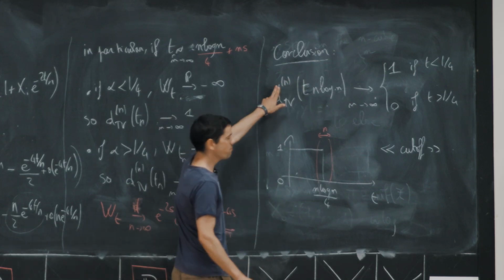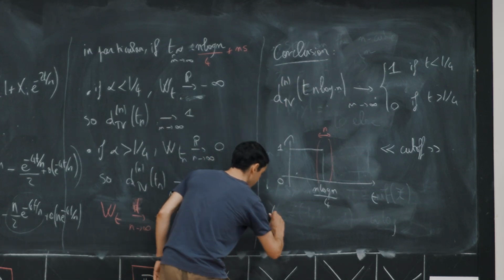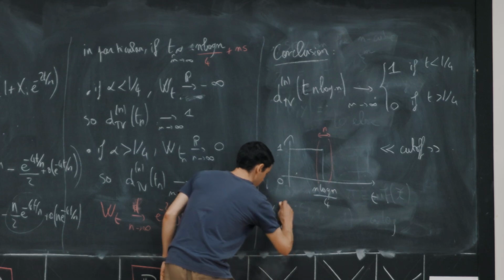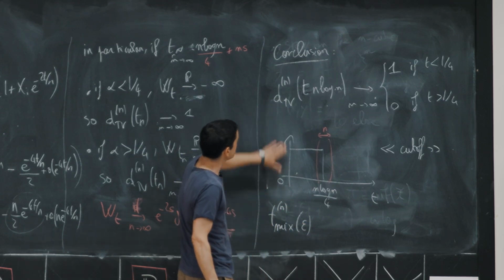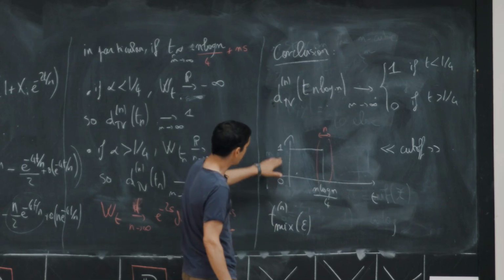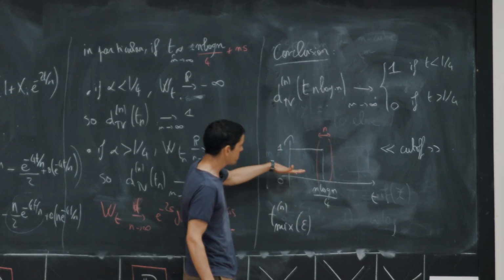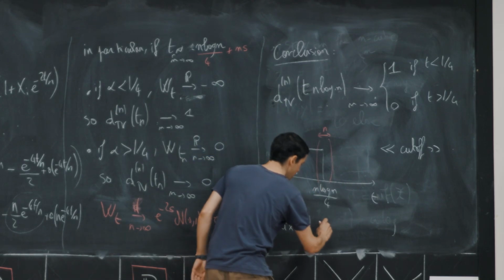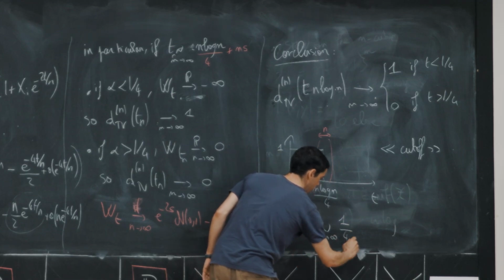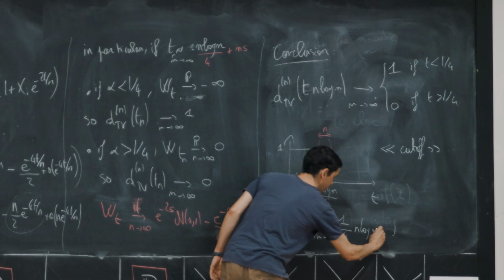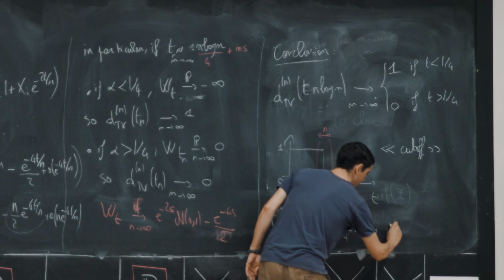Okay, so maybe just to translate in terms of mixing times. Once you understand the distance to equilibrium, the mixing time is just the inverse of this function. So what's the time at which this function reaches precision epsilon? It's just 1/4 n log n independently of epsilon.